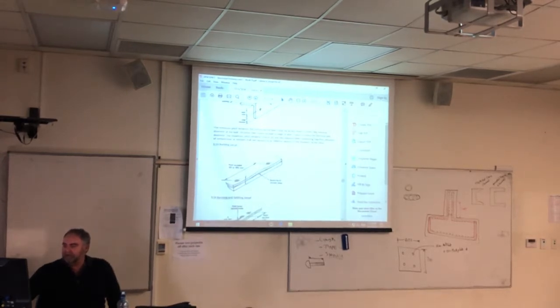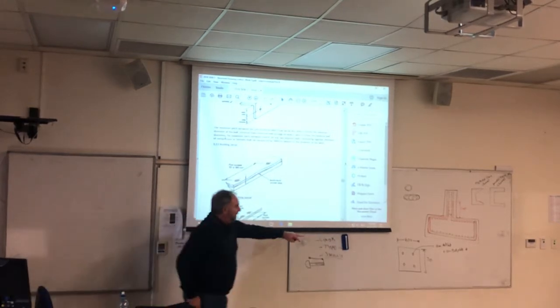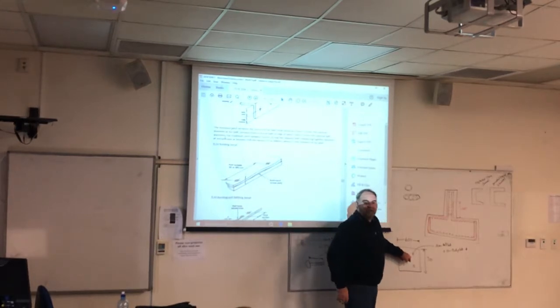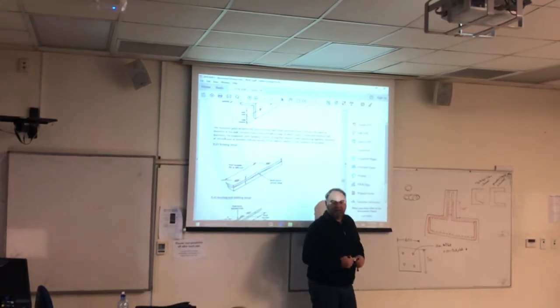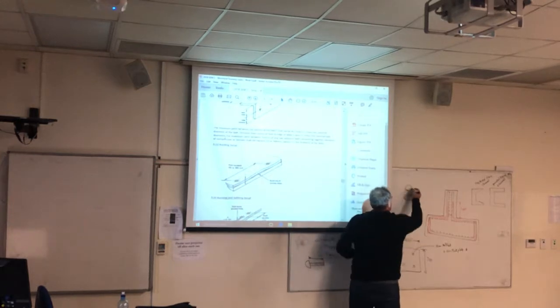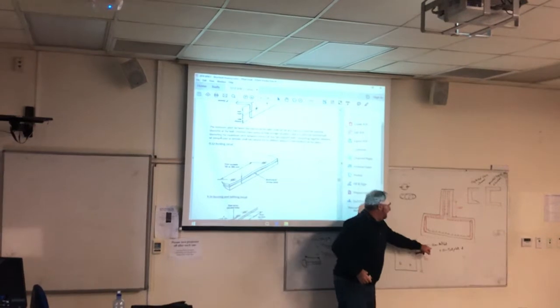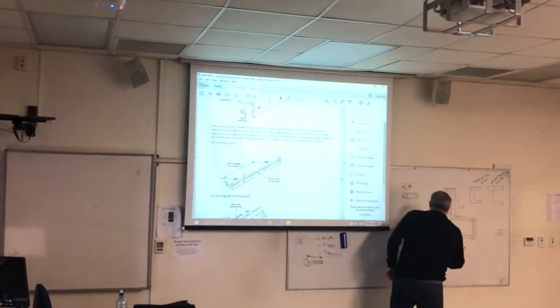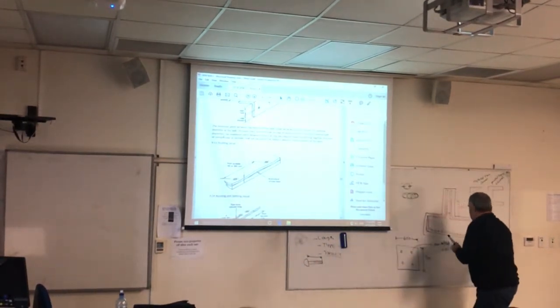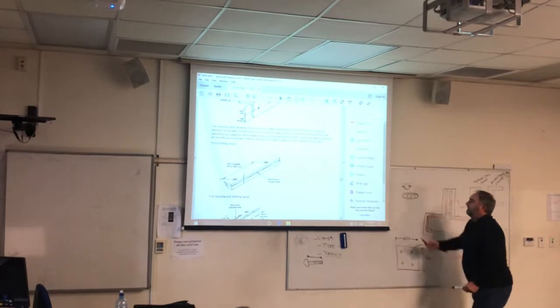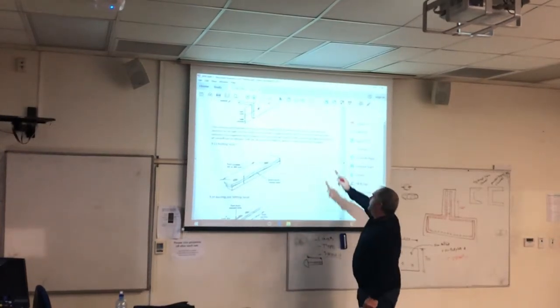2.5 times the nominal bolt diameter. So not the bolt hole. So what diameter would the bolt be? 10? No. It's 1 millimeter either side, so it'll be 12, right? So we better write that down. So that makes a 12 diameter bolt. So it says here 2.5 times 12.